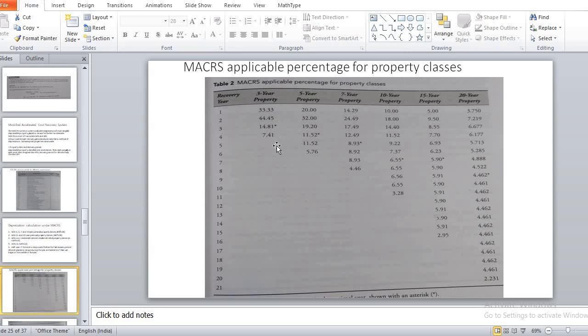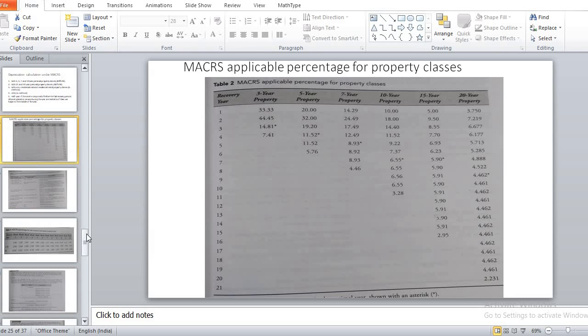Here, just consider the 6 classes having 3, 5, 7, 10, 15 and 20 years, and for each class and each year, they provide some recovery rate value. We use this recovery rate simply for calculating the depreciation amount.